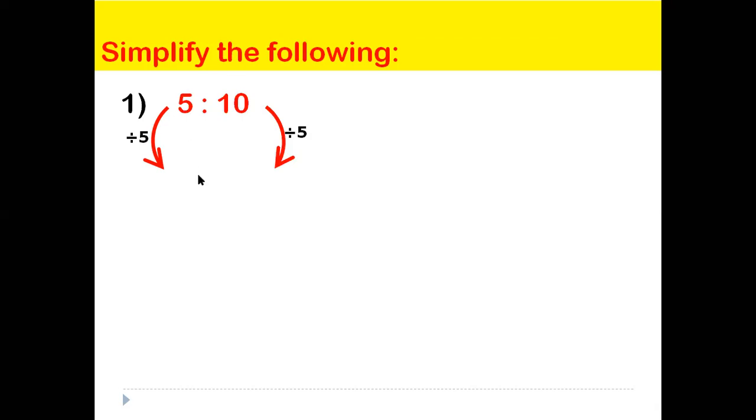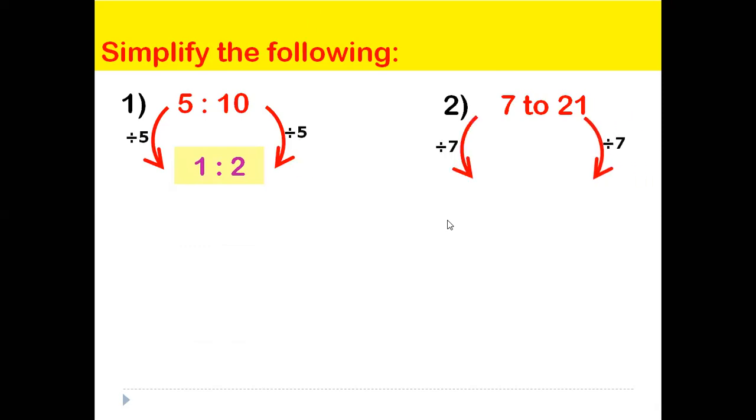So 5 divided by 5 is 1, and 10 divided by 5 is 2. Let's have another example, 7 to 21. The common factor between 7 and 21 is 7, so we divide 7 by 7, which is 1, and 21 divided by 7 is 3. So this is the simplest form.